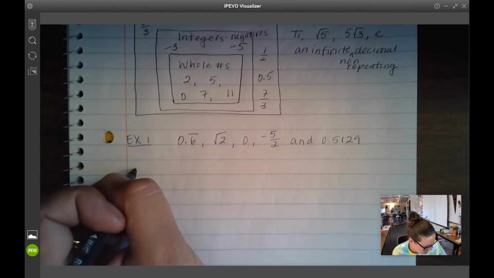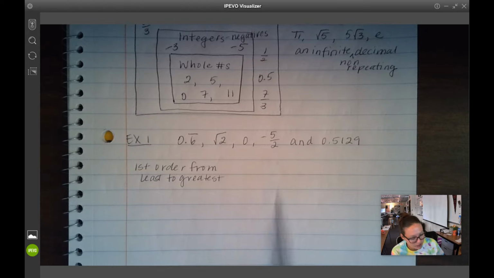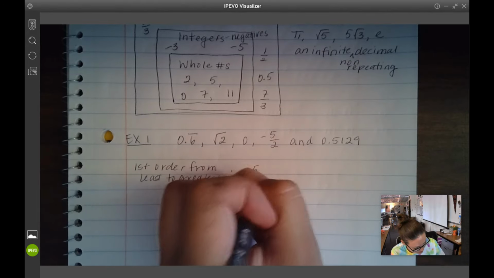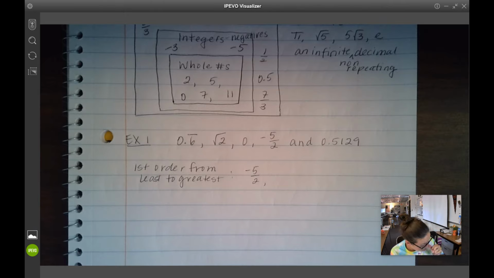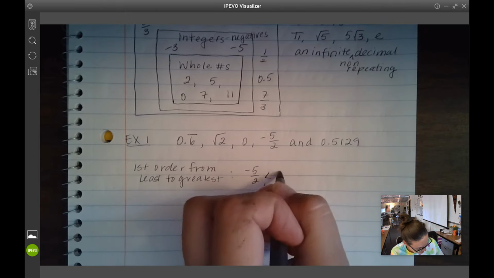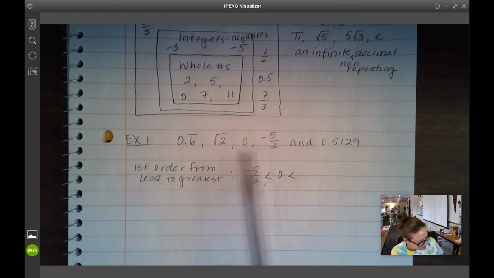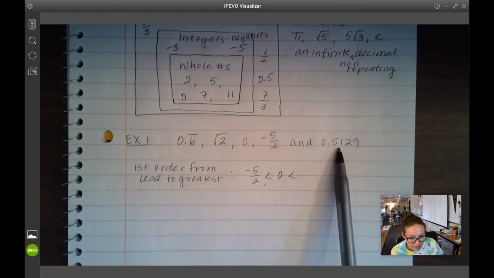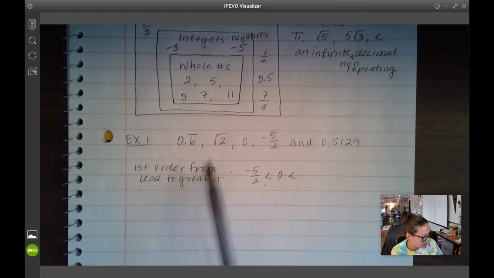I look at all these. Well, that's the only negative one, so that's going to go first. Then I'm going to have 0. Now, 0.5 is smaller than 0.6, but what's the square root of 2? The square root of 2 is 1.4, so that's actually going to be the biggest one. 0.6 repeating, and then square root of 2 is the biggest.